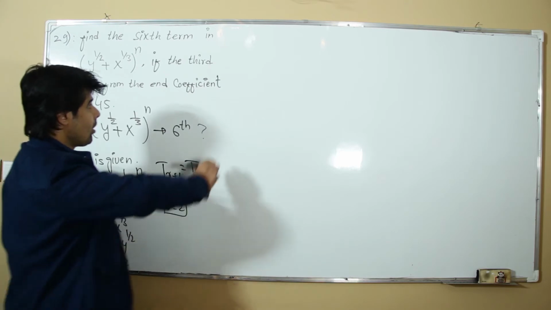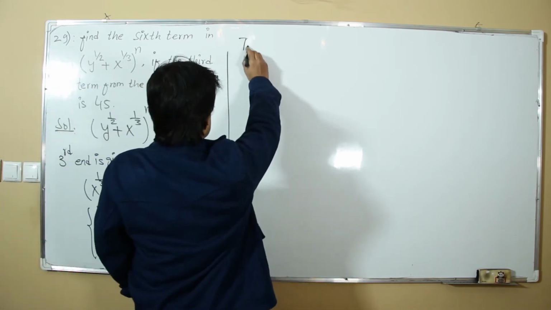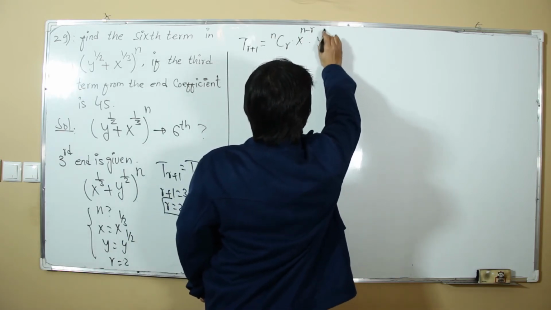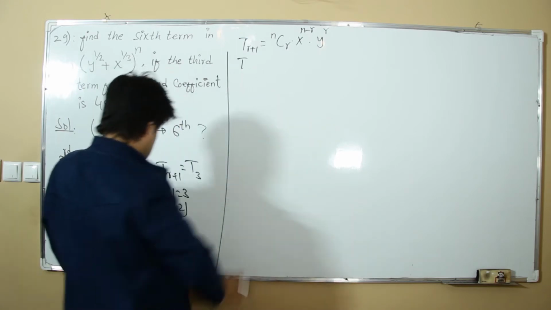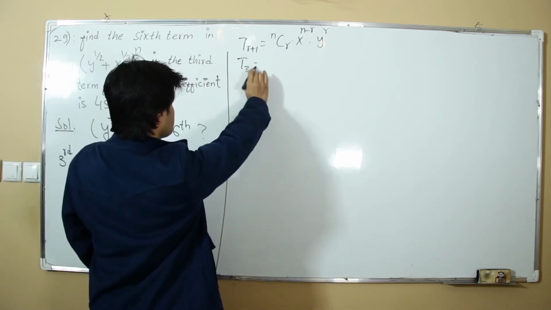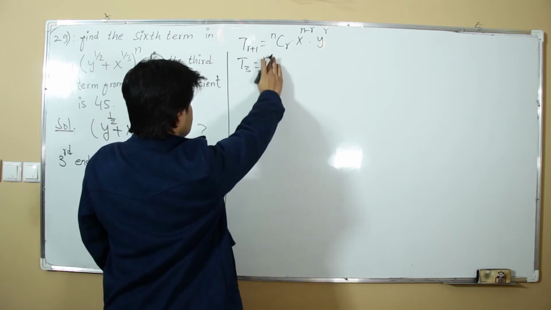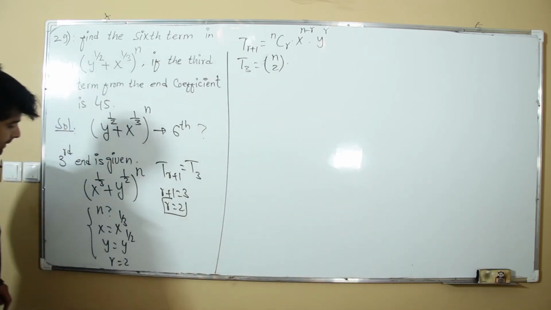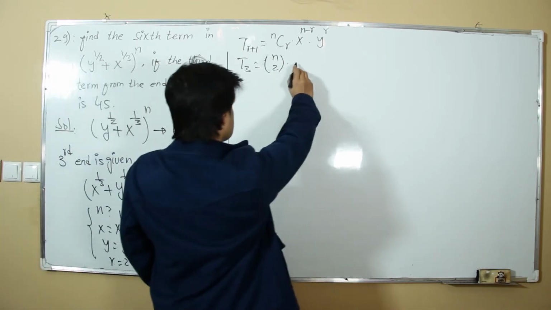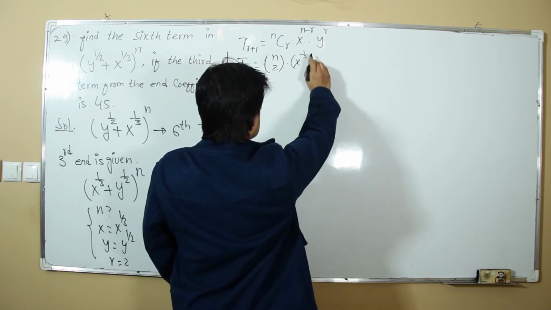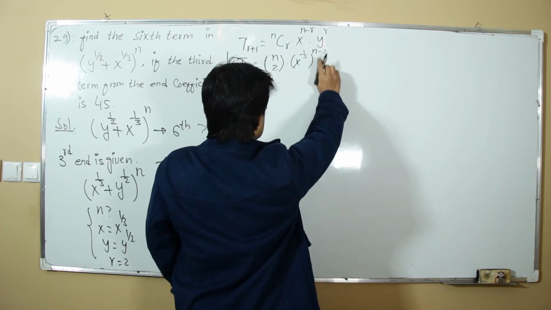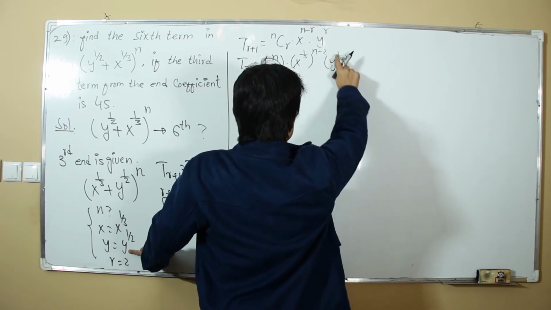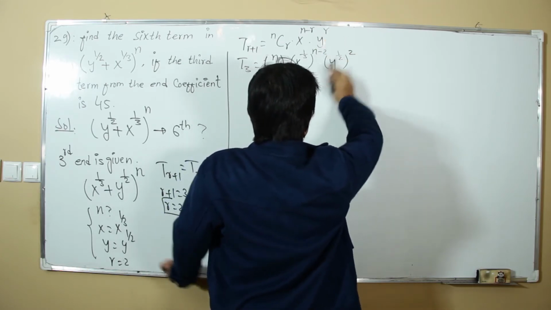So what is T(r+1)? Whenever you want to talk about T(r+1), it is nCr x^(n-r) y^r. T(r+1) is T3. n is not given, we don't know n. r is 2. x is x to the power 1/3 raised to the power n minus r, which is n minus 2, and y is y to the power 1/2 raised to r, which is 2.